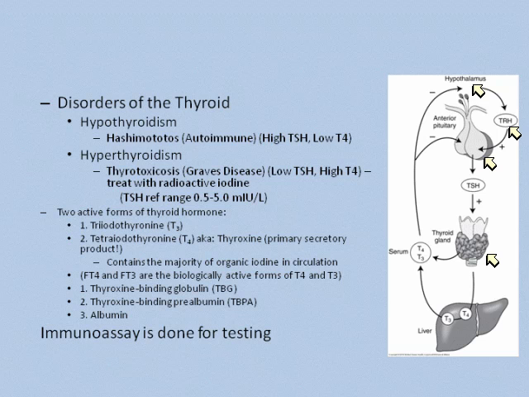One of the disorders you can have is hypothyroidism. If you have hypothyroidism or Hashimoto's disease, it's an autoimmune disorder where your immune system attacks your thyroid so it doesn't make very much T4 or T3. So what happens is the low levels of T4 cause your pituitary to make more and more TSH.